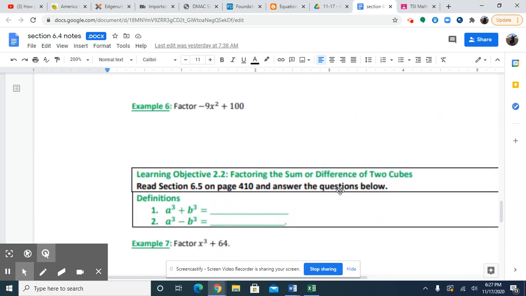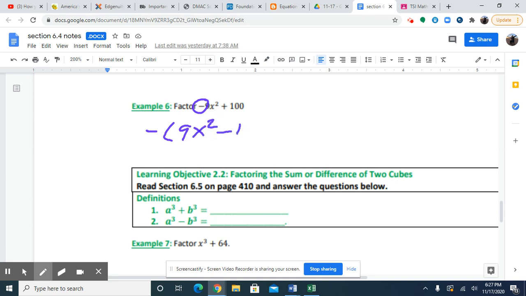Now, last example, number 6. Now it looks like, because of that plus sign, we wouldn't be able to find the difference, but we have a negative at the front of 9, so we can actually factor out that negative. We would be left with 9x squared minus 100. Now, this is something that we can rewrite as a difference of squares.